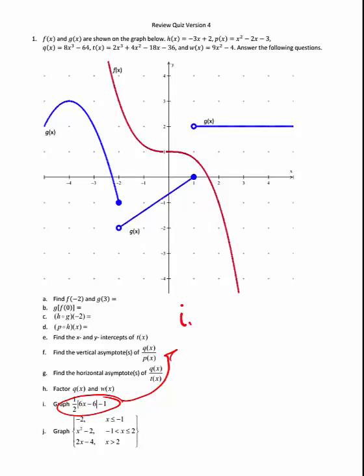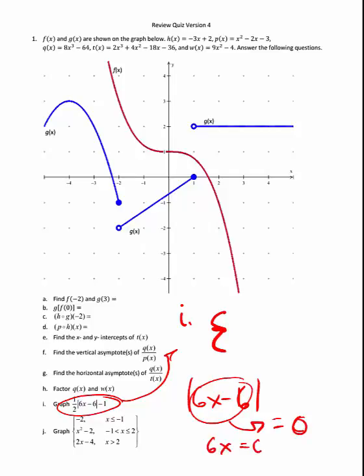So for letter I, we're going to say that this is going to be equal to a piecewise function. And we take that 6x minus 6, that was inside of here. We set that equal to 0 to see when it changes. So we get 6x equals 6, x equals 1.